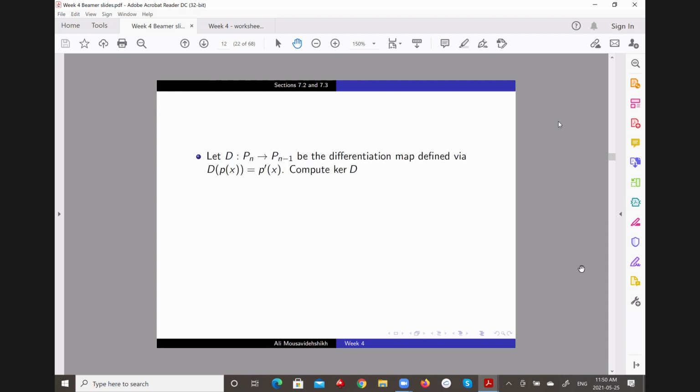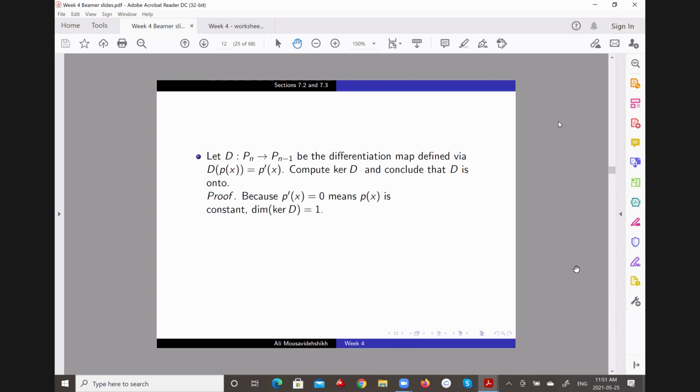So here's a place where I'm going to show you how these get applied. Remember the differentiation map. We already know that this is a linear transformation. We're going to compute the kernel of D and conclude that D is actually onto. How do we do this? Because what is P prime of X being 0? It means that P of X must be a constant.